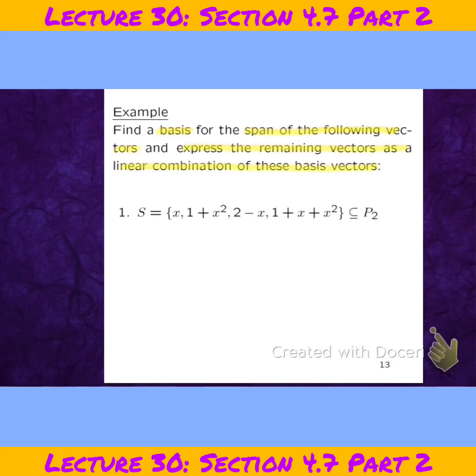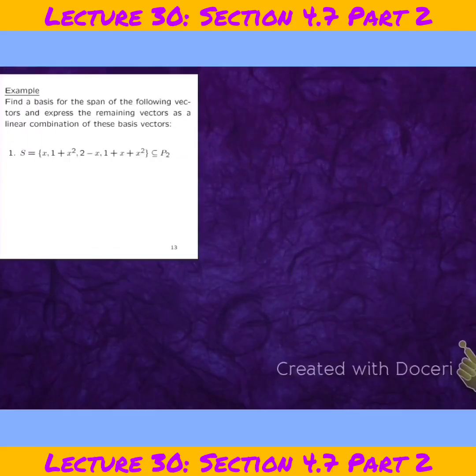So we're given the vector set S and it lies in P2, and we are asked to find a basis for the span of the vector set S. Instead of doing it the normal way, we're going to use this section to make this problem a little bit easier, instead of doing all of that work we used to do to prove this type of problem.